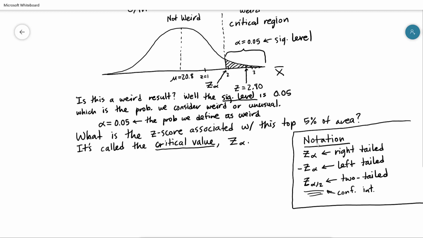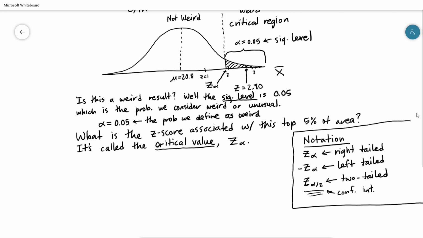So that's the idea. We'll use three different notations for our critical value. We'll use the familiar notation whenever we have a two-tailed hypothesis, and we'll just use alpha all by itself if we're in the right tail or the left tail exclusively and not both tails. So again, if all the area is in one place, alpha is that area. Alpha over 2 if that area is split between the two tails.